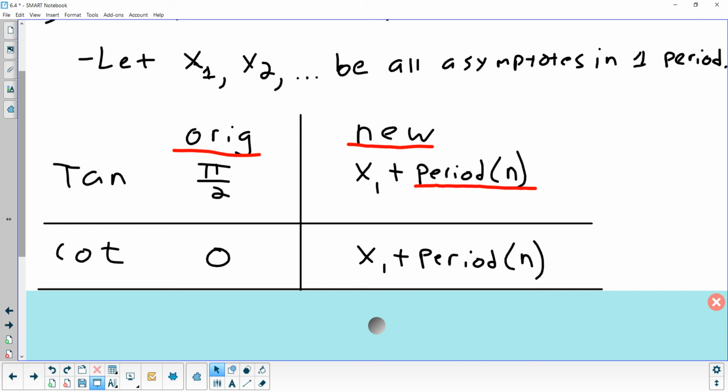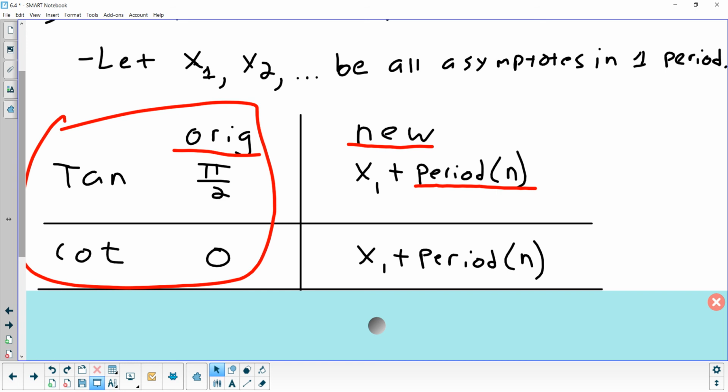I would leave yourself about as much space as you just had there. Again, I'm going to give you 2 more things in a minute. But I want to go back now that I just explained this. Any questions on why those are the first 2 asymptotes you hit, tangent and cotangent? Okay.